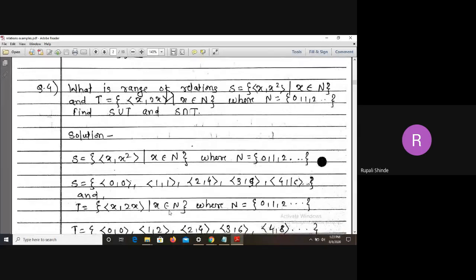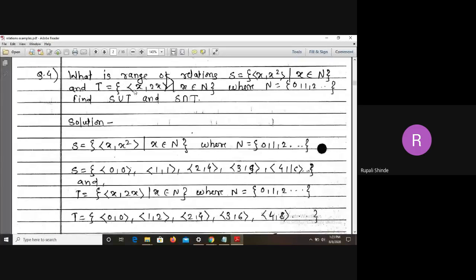Okay. If you consider T, for this T we have to include ordered pairs x comma 2x. So now start with 0. So 0 comma 0, that is the first ordered pair. Then 1 comma 2, then 2 comma 4, 3 comma 6, 4 comma 8, likewise. Okay. So now we have to perform union and intersection on these two relations.